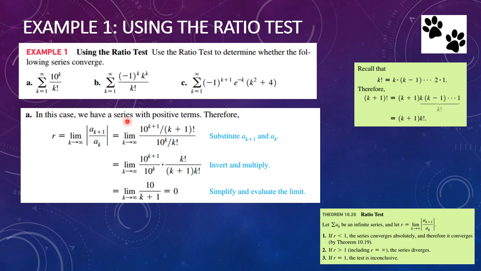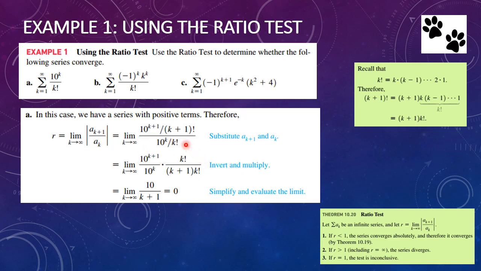Okay. So here all we're going to do is put a sub k plus 1. So wherever we have k, we're going to make it k plus 1. So in the numerator we have 10 to the power of k plus 1 over k plus 1 factorial. In the denominator we just have the original function, 10 to the k over k factorial. Well, when you have a fraction divided by a fraction, this is the numerator times the reciprocal of the denominator.